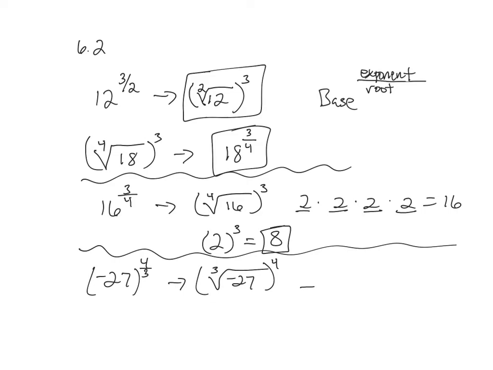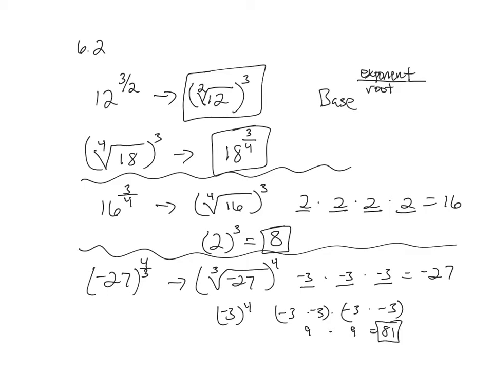Okay, so again, we're looking for what times what times what equals negative 27, and that would be negative 3. That means I need to do negative 3 times negative 3 times negative 3 times negative 3. If you want to do it like this, you can group them. I like doing it like this because negative times negative is positive 9. Negative times negative is positive 9. And then I don't have to worry about the negatives going back and forth. So I get 81.